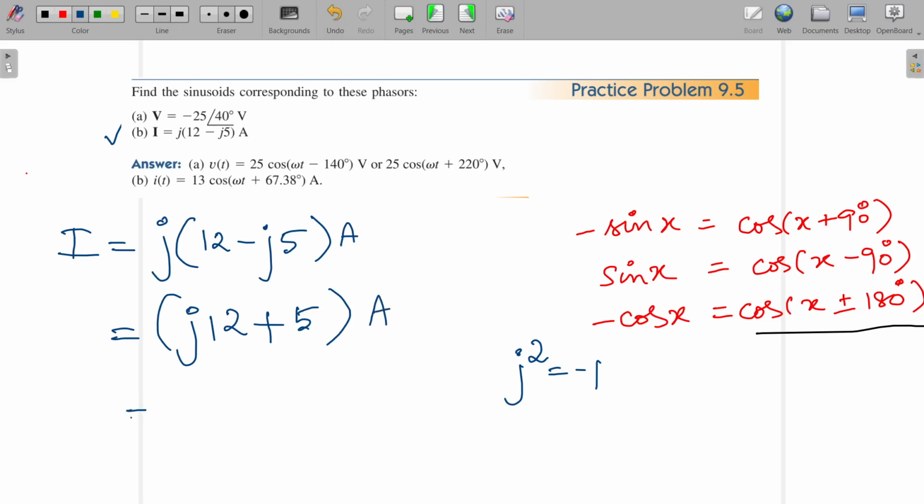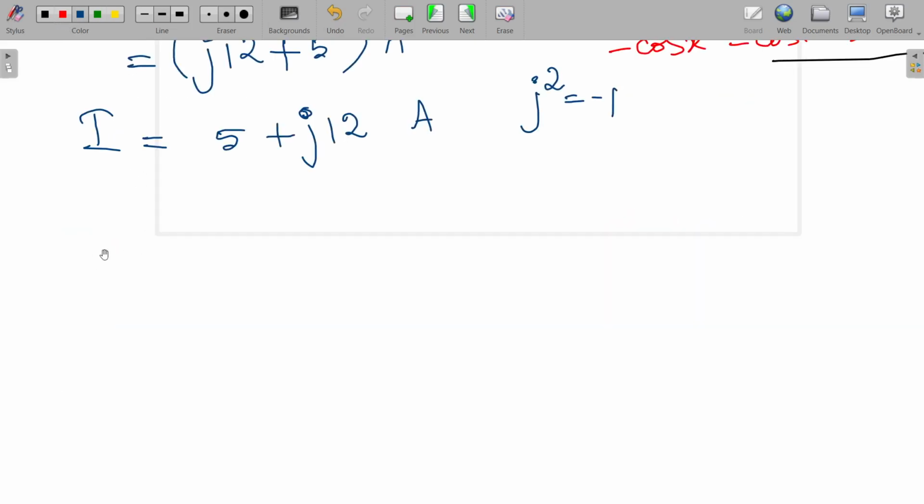Or I can rewrite this as real part plus imaginary part, so 5 plus j12 amps. So now this is in rectangular form, but we need to write it in polar form, right? So we need to go for that conversion. Using your calculator, you can do the conversion.